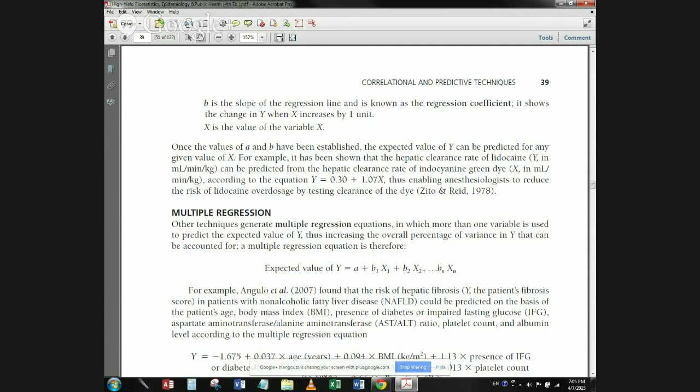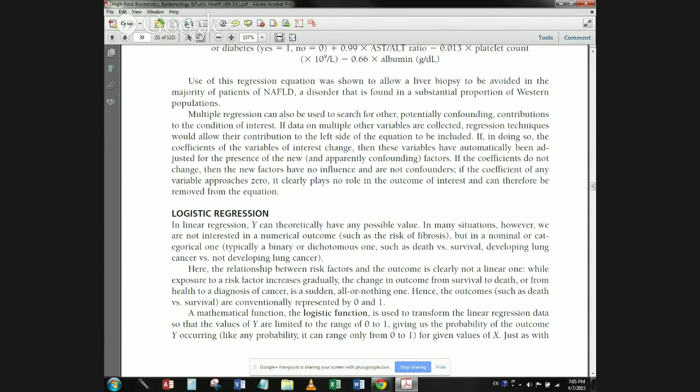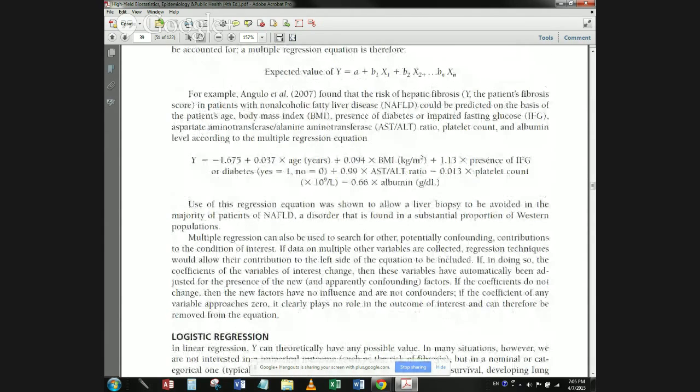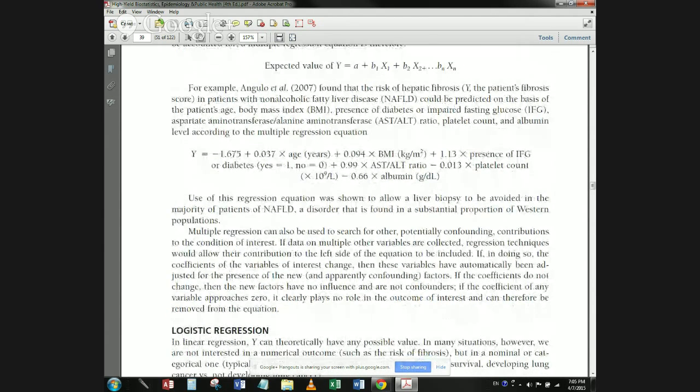So when you calculate that, you crunch up the numbers.